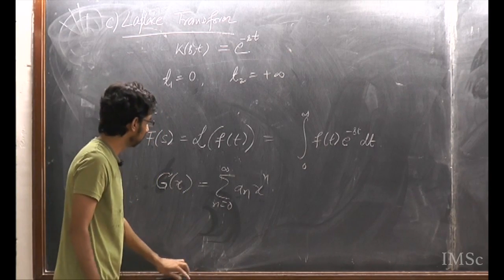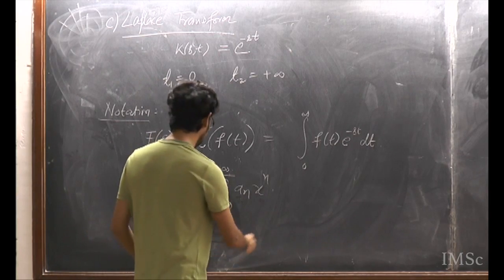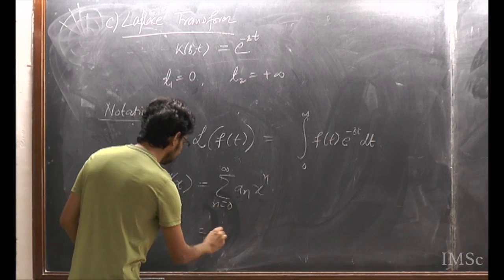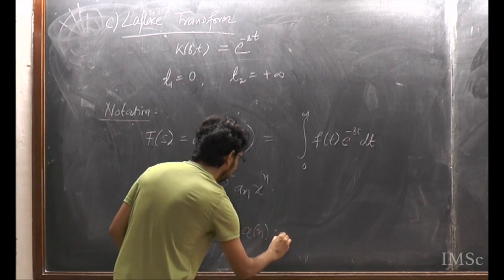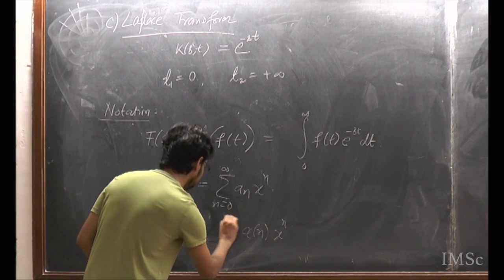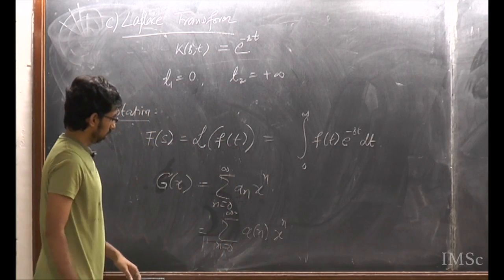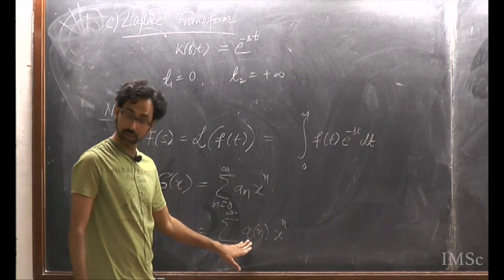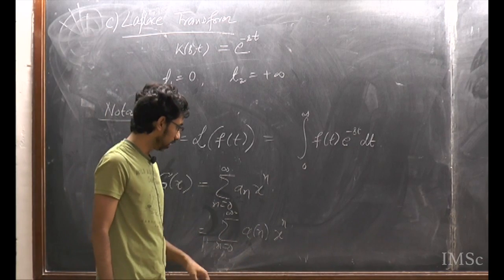Now if you put a as a function of n, x is a variable. You just take a to be a function of a discrete variable.